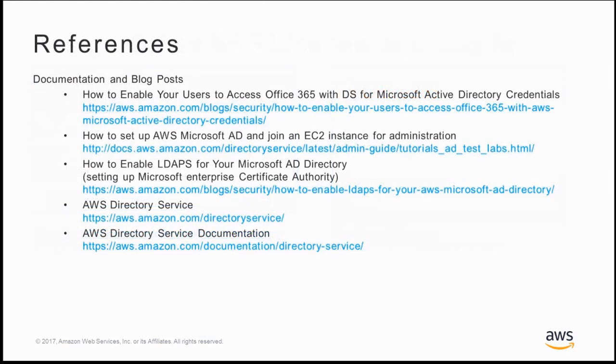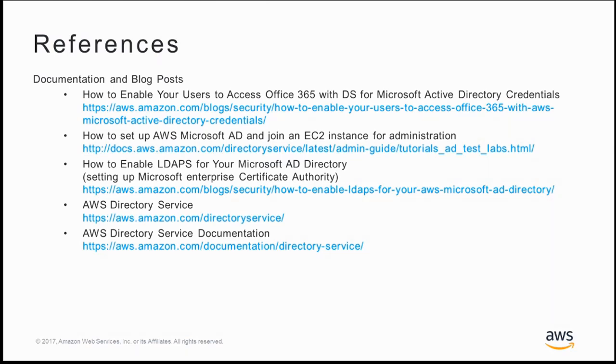Here are a set of additional references that you may want to refer to when you do your actual setup. We have how to enable your users to access Office 365. There's a blog post that covers all the steps that I've done in this webinar today. We also have how to set up AWS Microsoft AD and join EC2 instances for administration. This appears in the Directory Service documentation in the tutorials area.